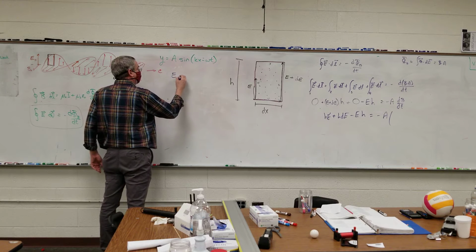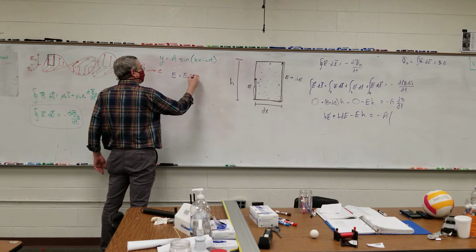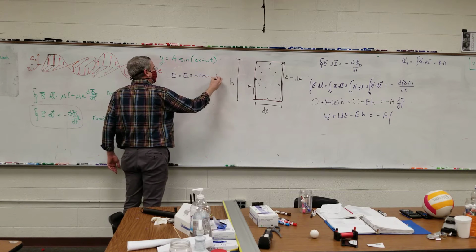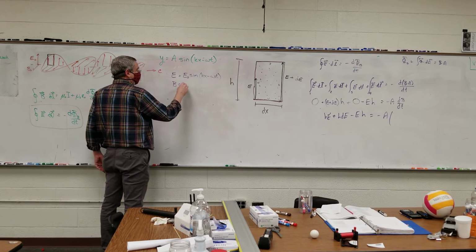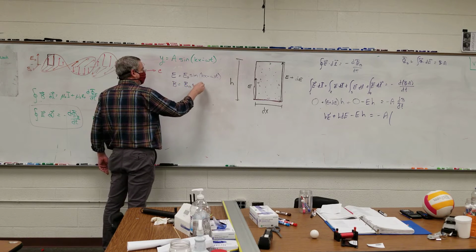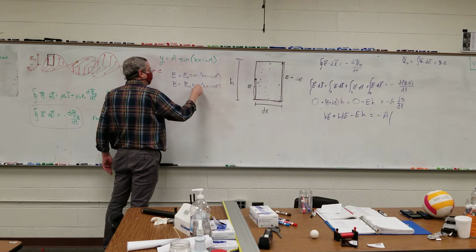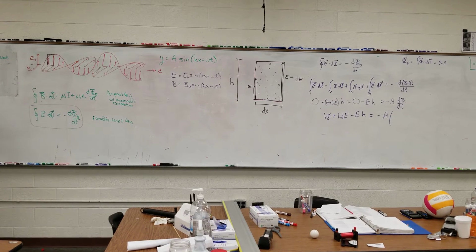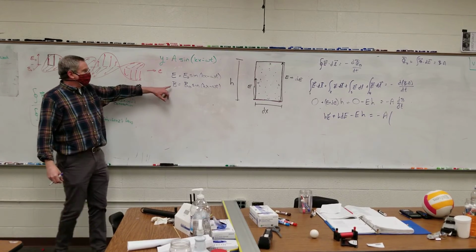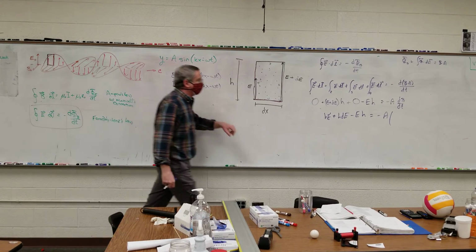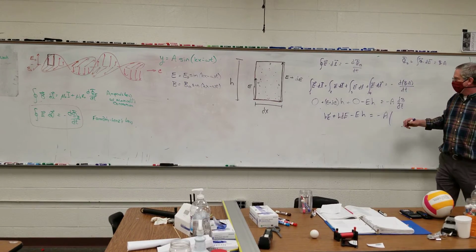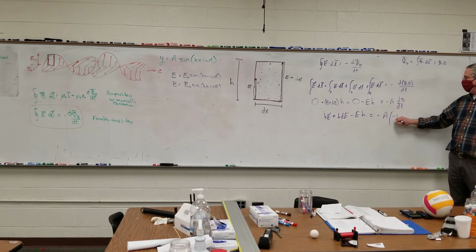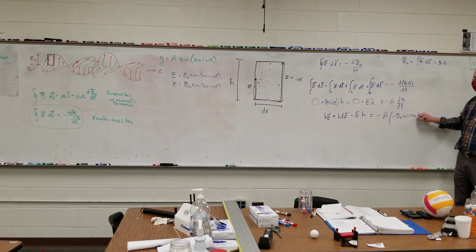My electric field is E sub naught sine of kx minus omega t, and B, which is also a traveling wave, is B sub naught sine kx minus omega t. They have the same wave number and the same angular frequency because they're traveling together. So what is the derivative of B with respect to time? Negative B naught omega cosine kx minus omega t.